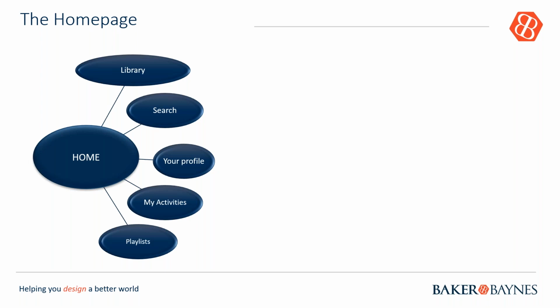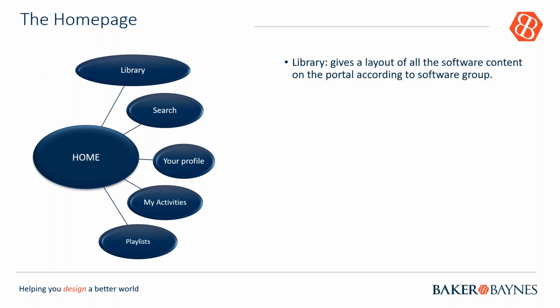And then this is the home page. So basically the home page is your link to everything. It gives you the library, the search panel, your profile, your activities, and the playlists. In a nutshell, the library is where you get all the software content on the portal, according to the software group.